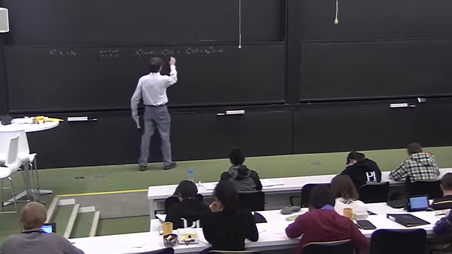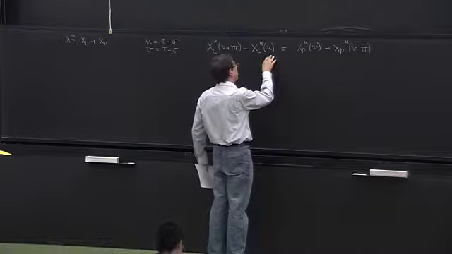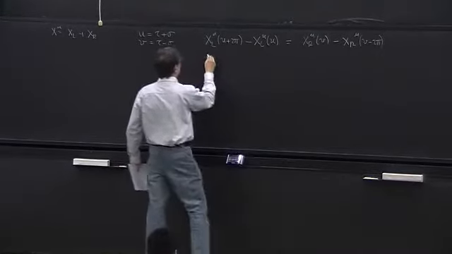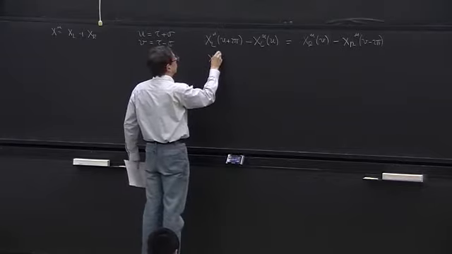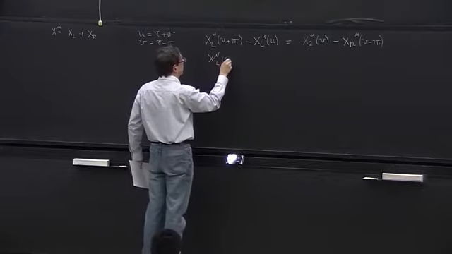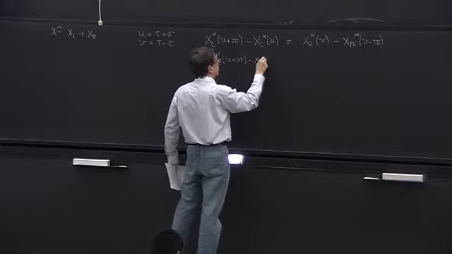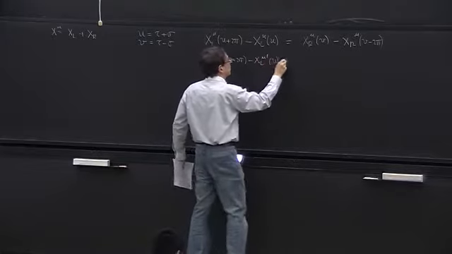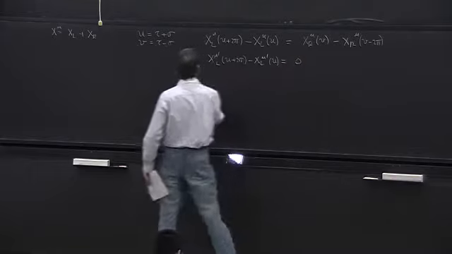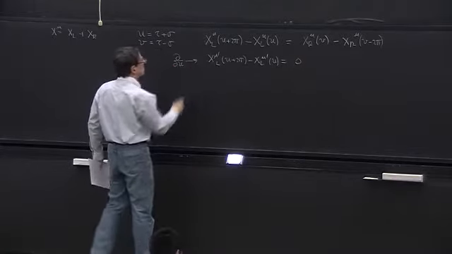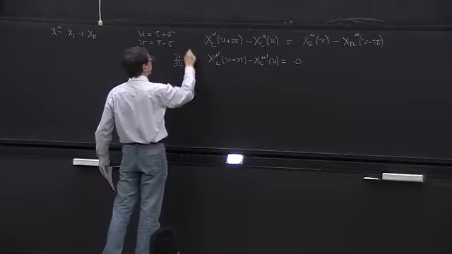And therefore, the left-hand side, the partial derivative with respect to u, would give you x left mu prime of u plus 2 pi minus x left mu prime of u equal 0, because you're taking a du derivative in this equation.